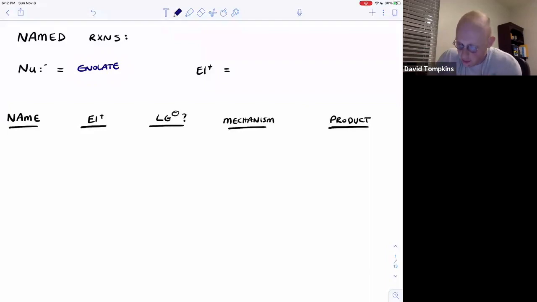Instead, the named reactions are named based on the electrophile that is involved. That's very important to understand. So the electrophile is going to vary.